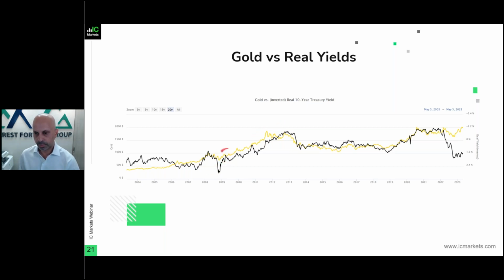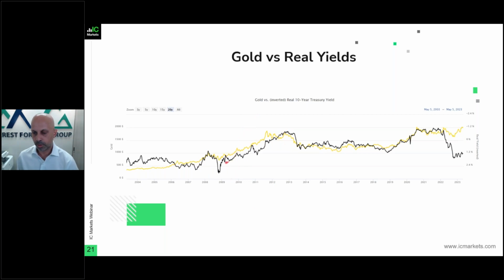So in this period, as your real yields move from an area of high positive yield and drop lower, heading towards neutral and finally negative, it means that gold is a better instrument to invest in versus government bonds, right?